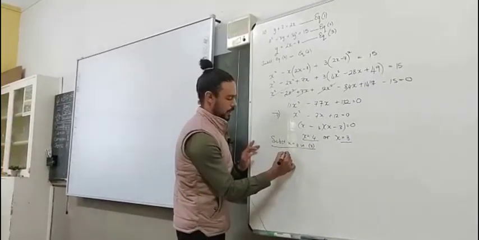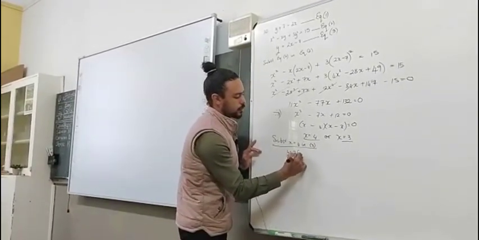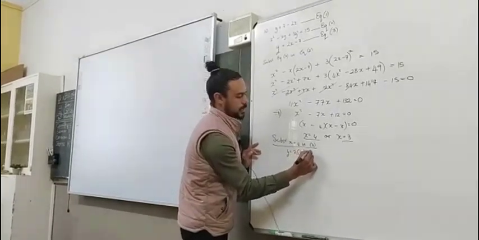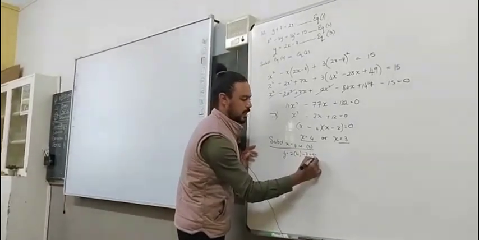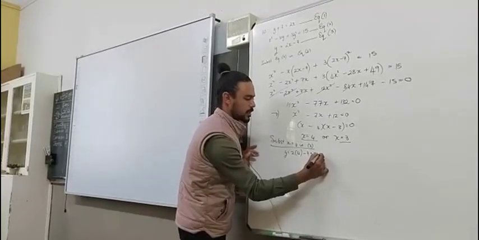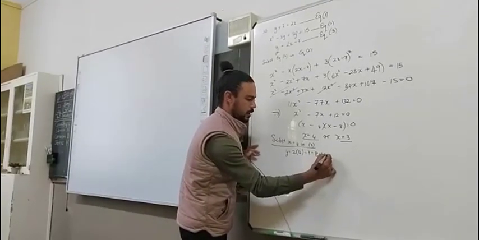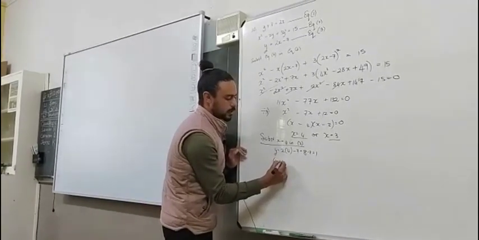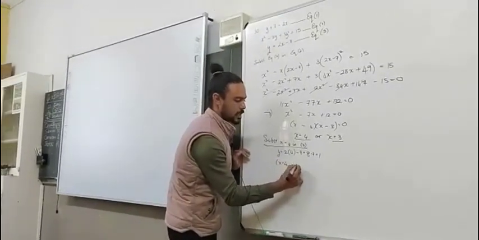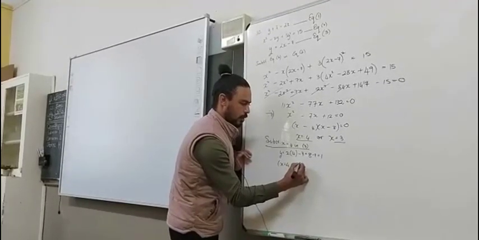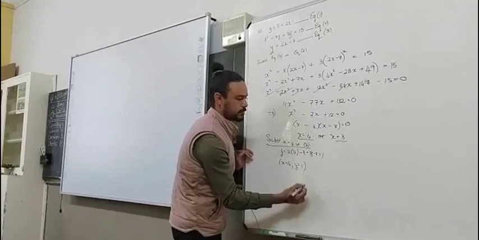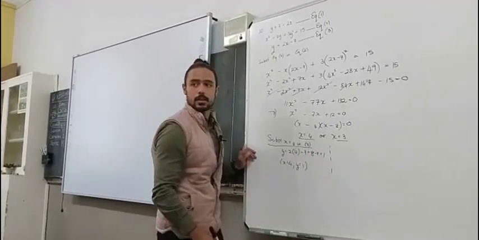So we're going to say y is equals to 2 times the 4 minus 7, so that's 8 minus 7, and then the answer is 1. So therefore I'm going to say where x is equals to 4, y is equals to 1. Alright, then I'm done with that one.